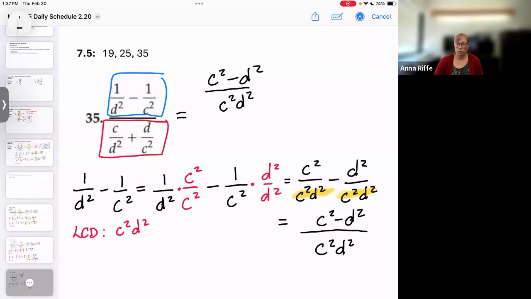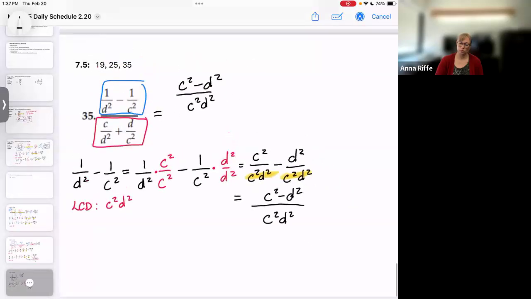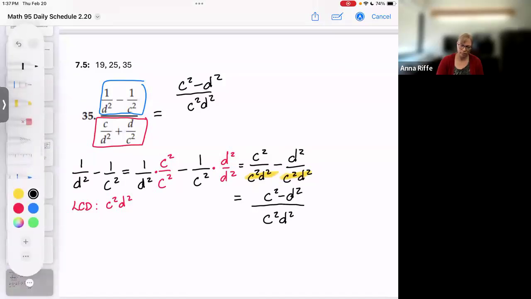And for those of you who want to stick it out with this problem, we can finish it. Okay. I think I need more room though.